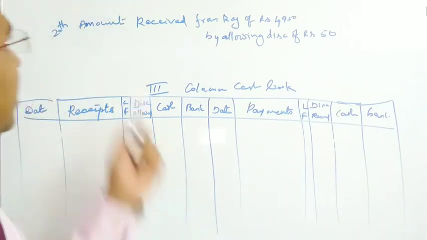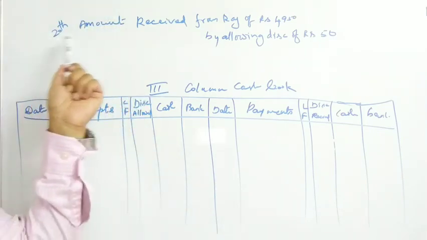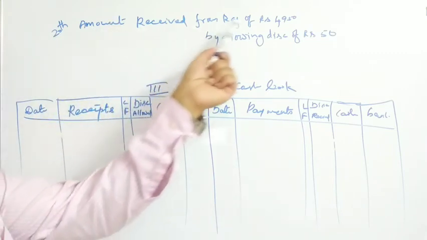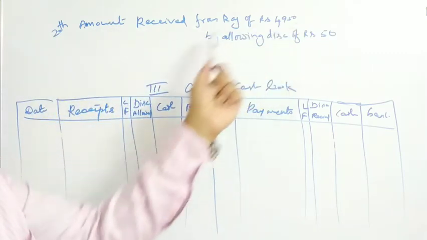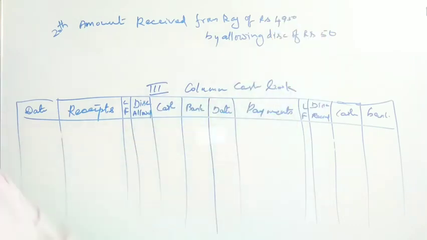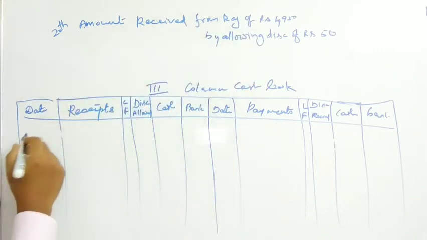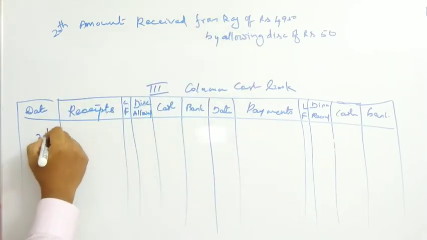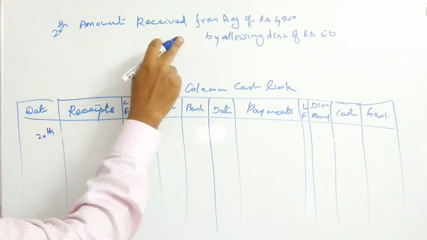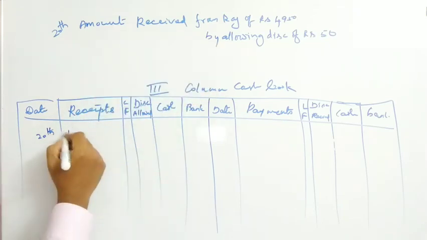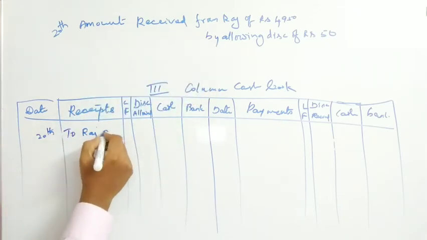Here I have an example. On 20th, amount received from Raj of rupees 4950 by allowing a discount of rupees 50. So we are receiving the money from Raj as a cash payment. On 20th, on the receipt side, to Raj account.